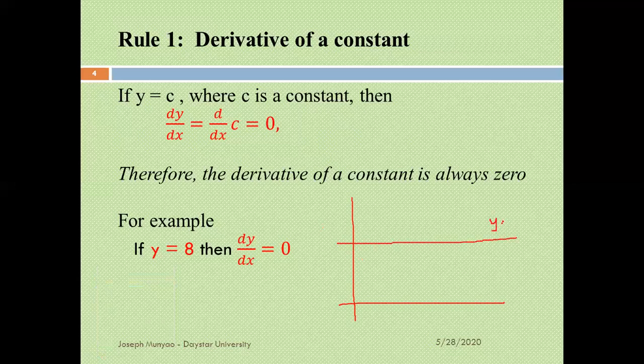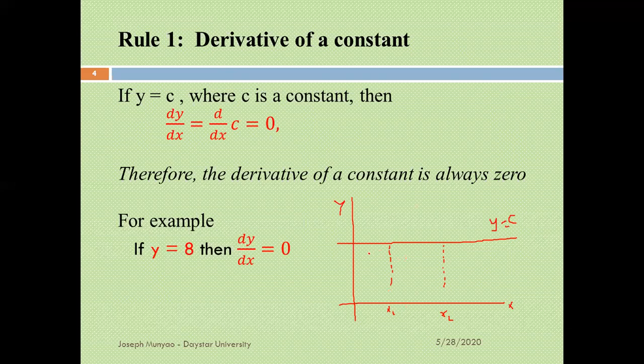y is equal to c, looks like that, where this is x and this is y. So when I talk about the rate of change of y compared to x, the rate of change of y is zero. If x was here, x1, and I have x2 here, the change in y is zero, and the change in x is delta x.